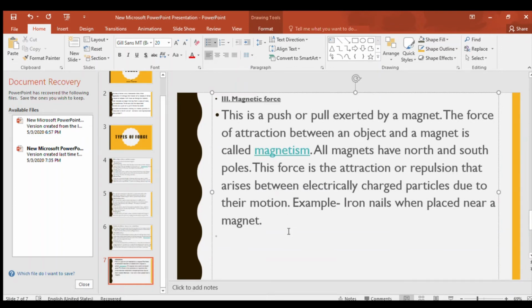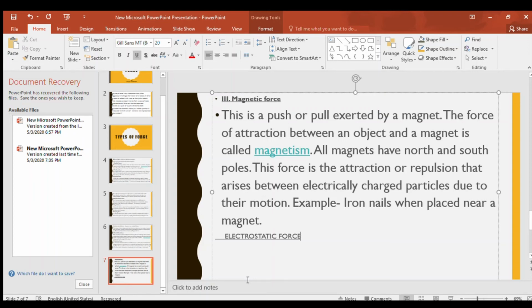One more thing that I told you is electrostatic force. I'll give an example, and with that example you may understand what an electrostatic force is. No need for much explanation. Okay, so electrostatic force.